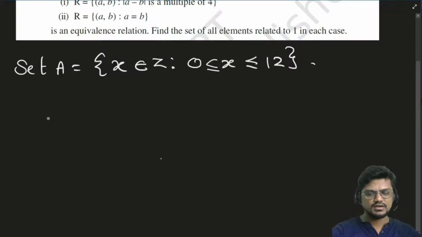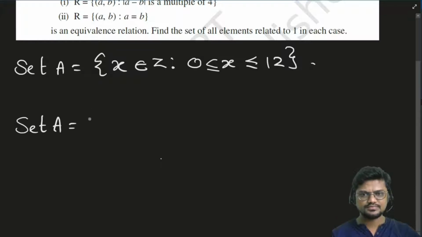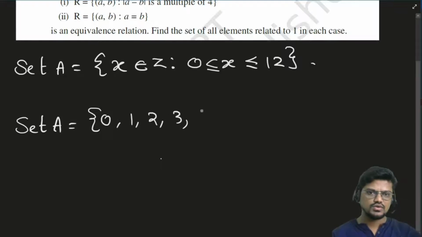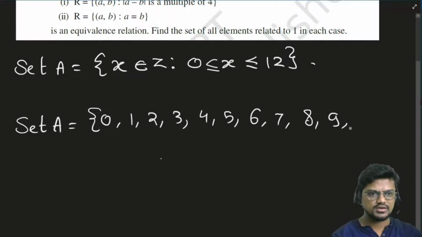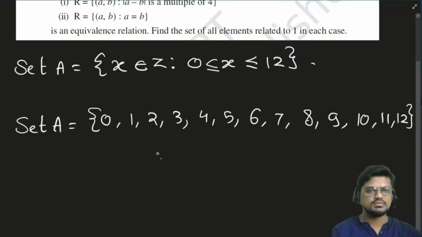Now we will write the set in the roster format also. x lies from 0 to 12, and x are integers only. So what all values will you have? 0, 1, 2, 3, 4, 5, 6, 7, 8, 9, 10, 11, 12. All these numbers will be there in the set A.